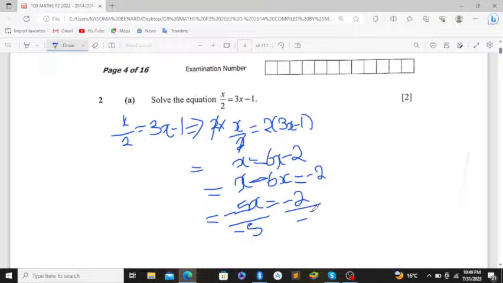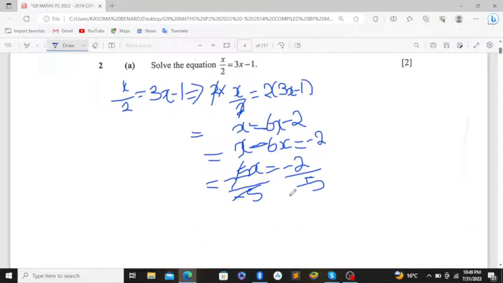Then -5 on this side and -5 on this side will cancel each other out. We'll remain with only x, which will be equal to -2 over -5.